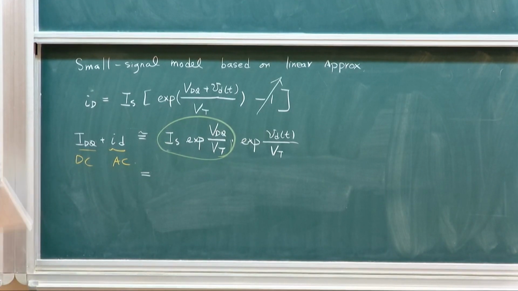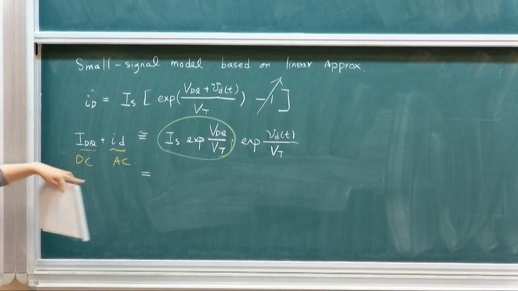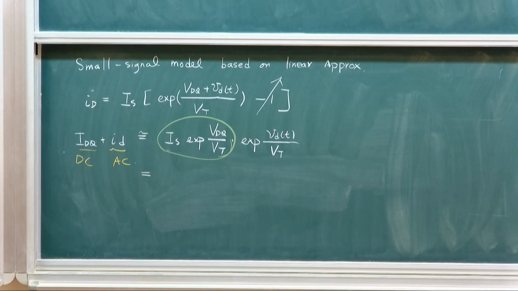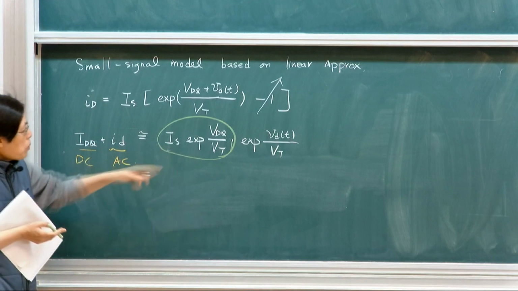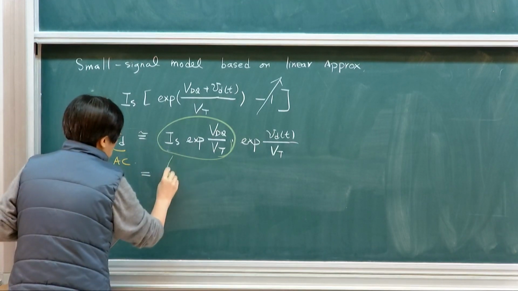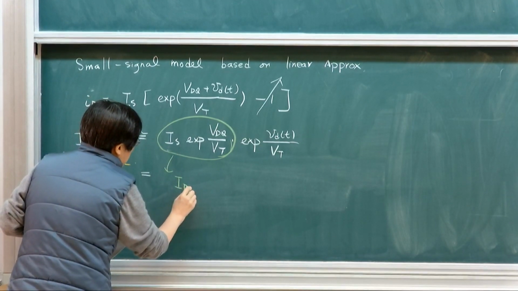So this would simply be close to IDQ without the minus 1, because minus 1 times IS, and IS is 10 to the minus 16 something, less than a femtoamp, so you don't actually care. This is approximated by IDQ.